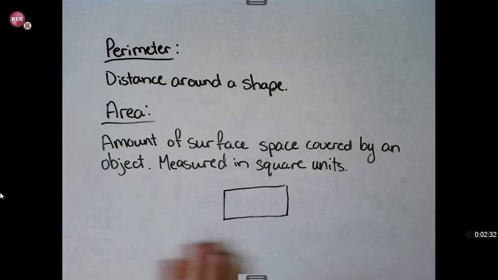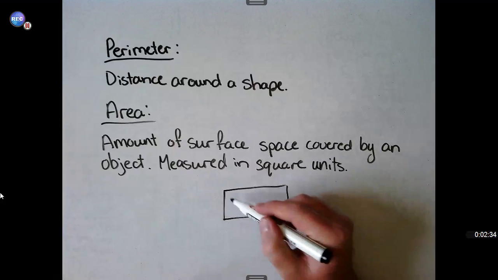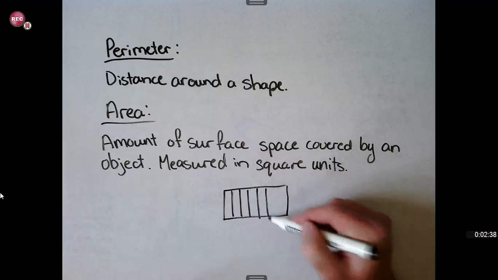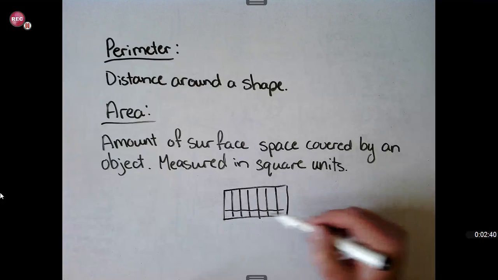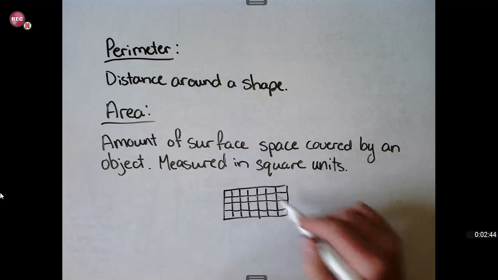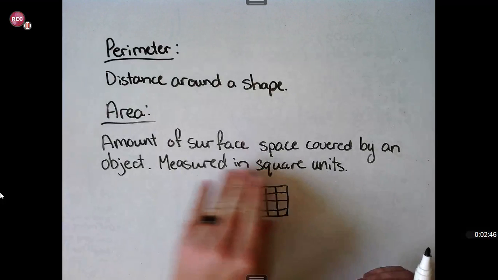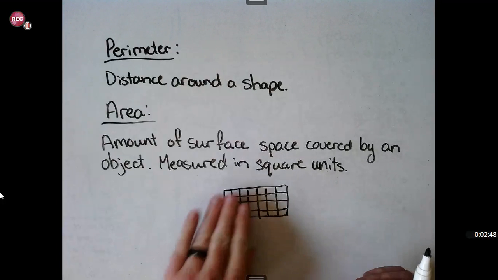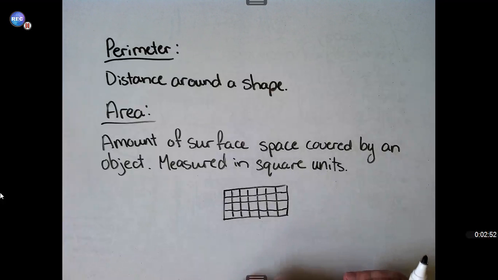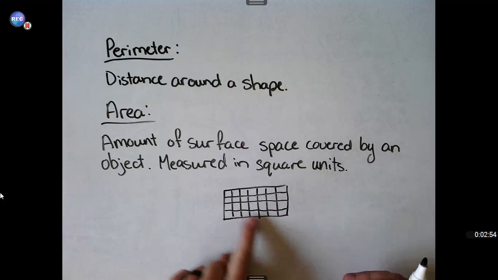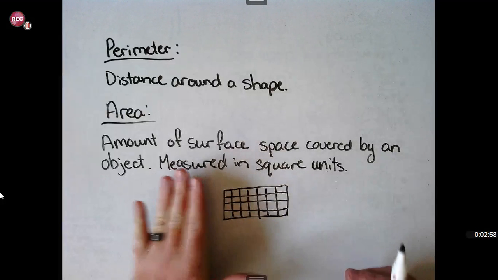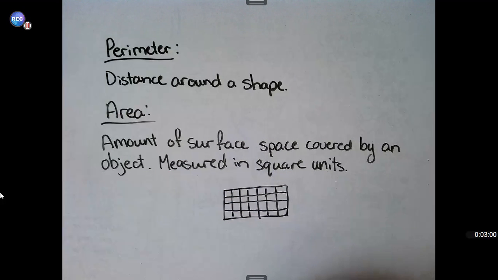So if you don't know what that means, inside the shape there's a grid, and this grid forms squares, and all of these squares together would give you the actual area of the shape. Okay, so it's obviously the amount of space that the shape covers.